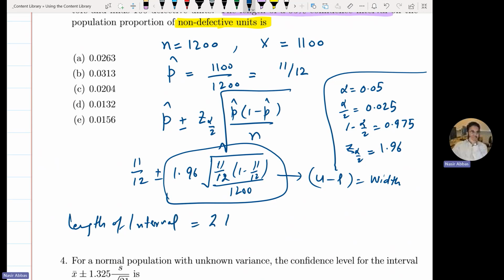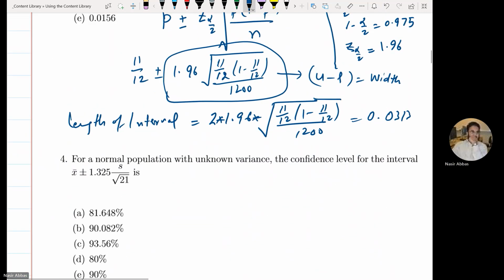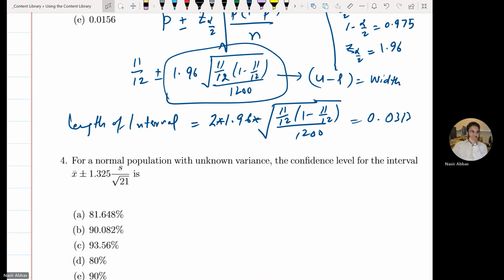It will be 2 times 1.96 times square root of this. Both of them will give you the same answer, and that same answer will be 0.30313, corresponds to option B. Any questions so far?